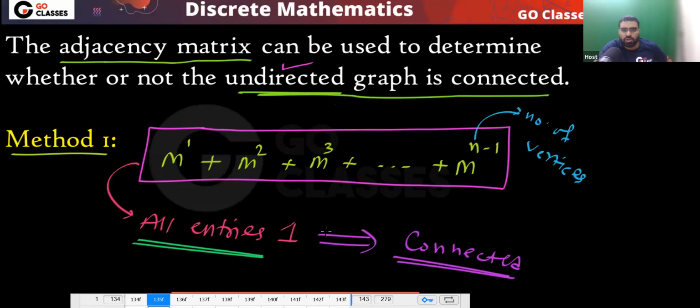And if it is connected, then this will happen too. It is if and only if. If the graph is connected, then definitely you must have at least one walk of length 1 to n minus 1.